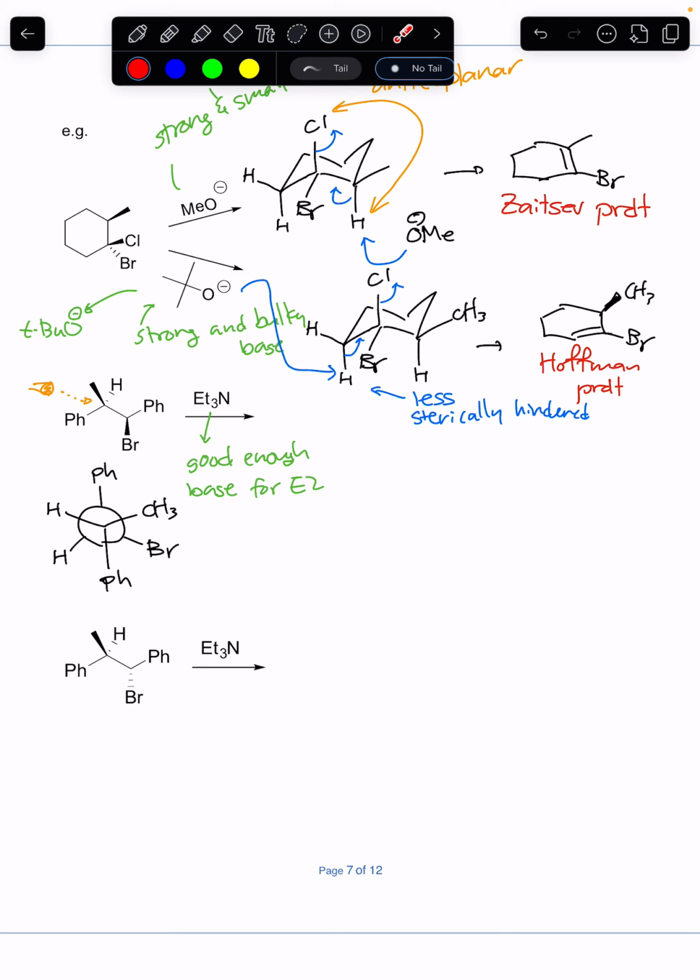So this will be able to grab that proton, and then that leaving group leaves, which would give you, if you think about the product in terms of the Newman projection here, the product should look kind of like this, right?